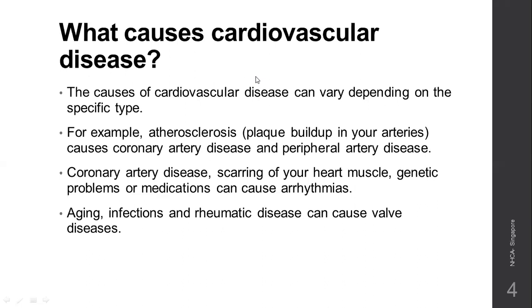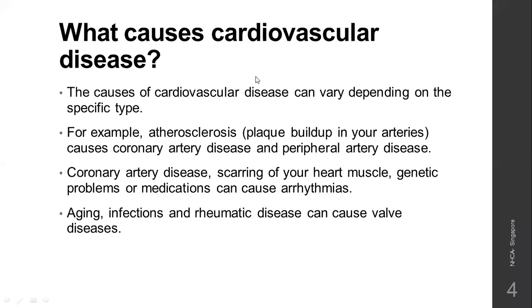Okay, anywhere in your artery when the cholesterol is building up, that is what we call plaque. Okay, so this disease condition is called atherosclerosis. So coronary artery disease can cause scarring of your heart muscles because blood supply will be reduced, and if the heart muscles don't get blood supply, they will undergo necrosis.